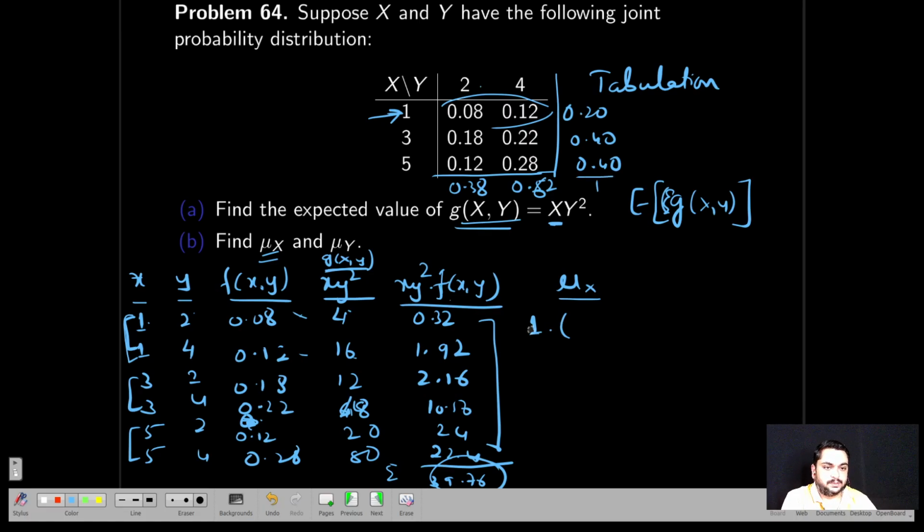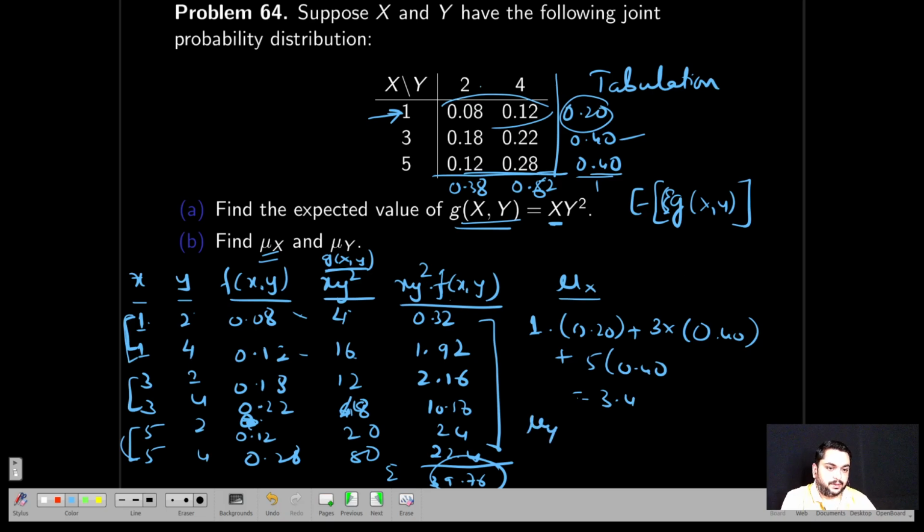So mu of x means 1 into this value 0.20 plus 3 into 0.40. Directly you can write 5 into the addition of this, that is 0.4. So we'll get it as 3.4.